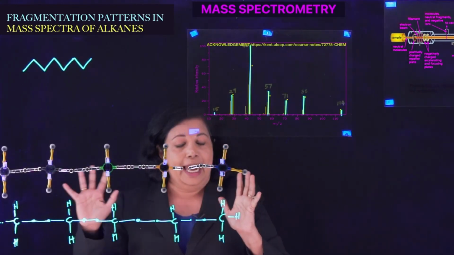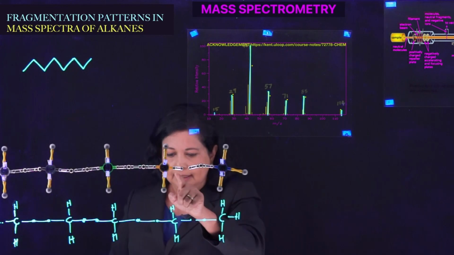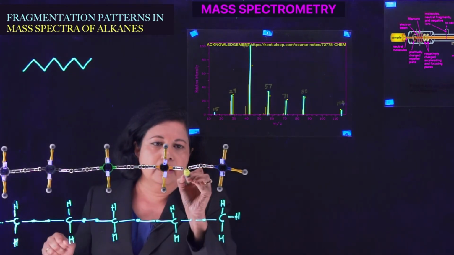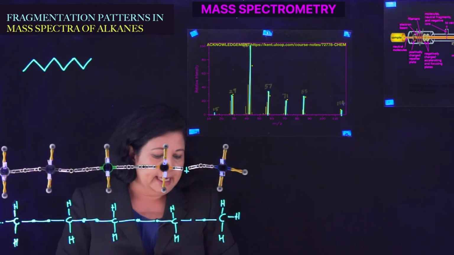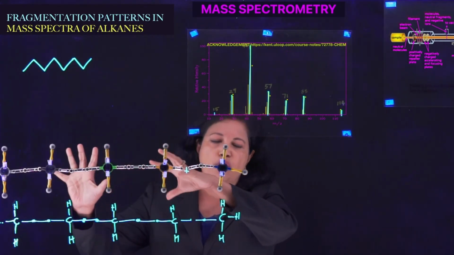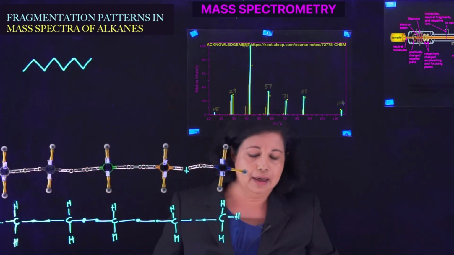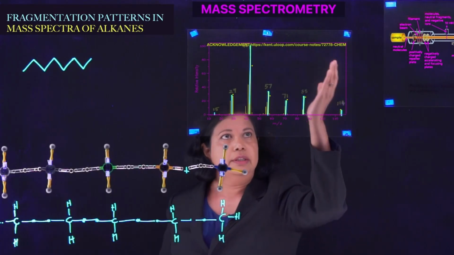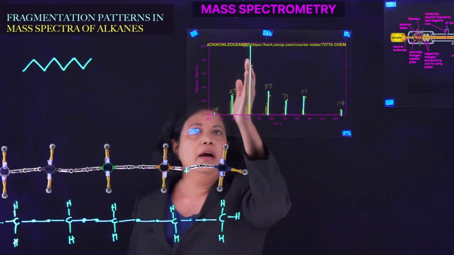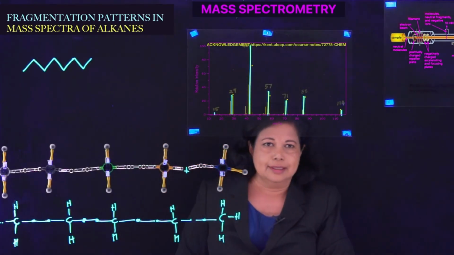Well, what you really have now is a radical and a cation. You got a hole here. That's just going to unravel the entire molecule. And that's why you're seeing so many of these molecules popping out.